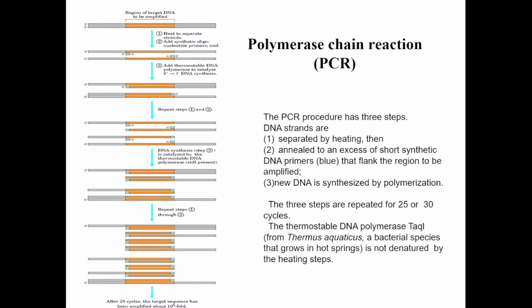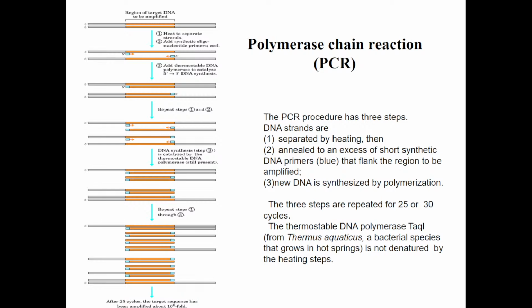It will be much more specific. And these two oligonucleotides, which flank both sides of the sequence of interest, part of the genome, will be bound with DNA. But previously, the DNA must be separated.